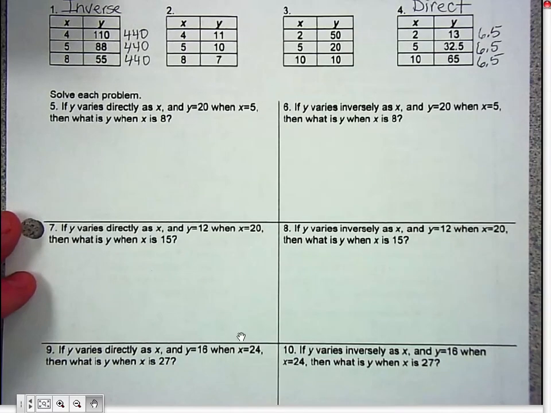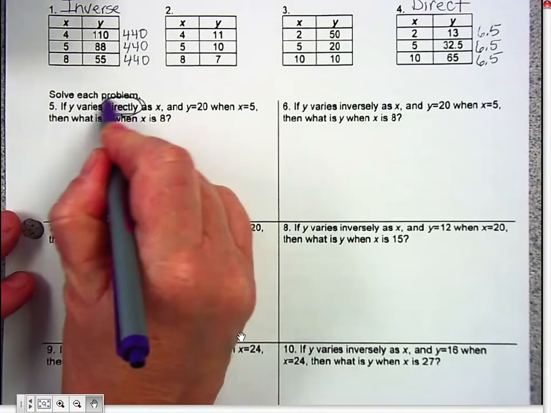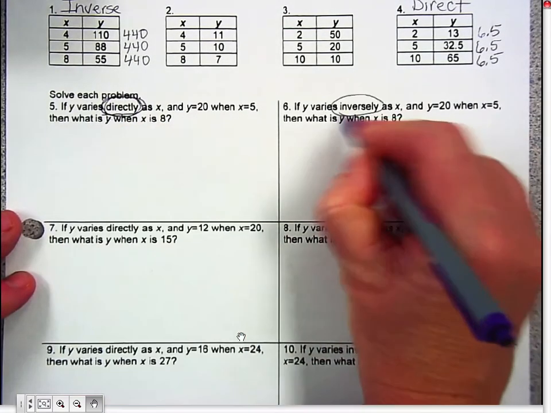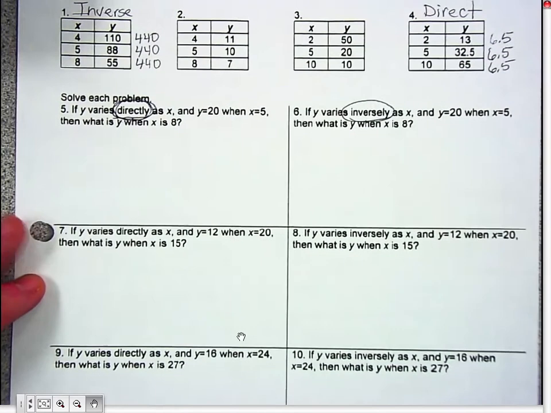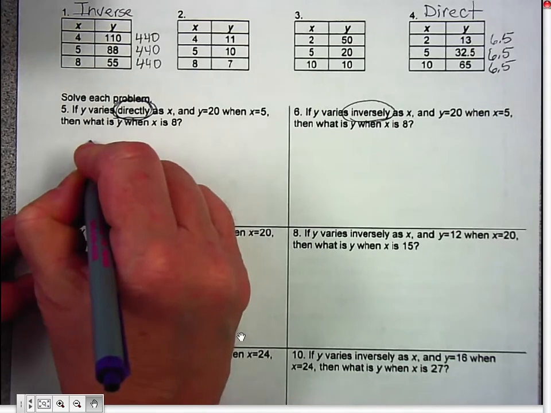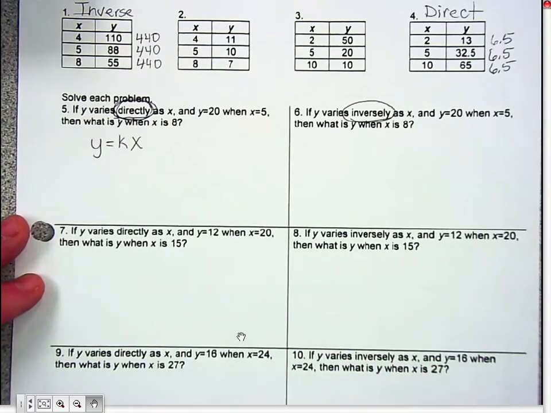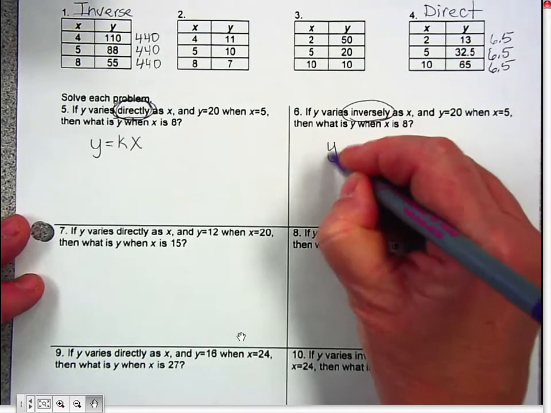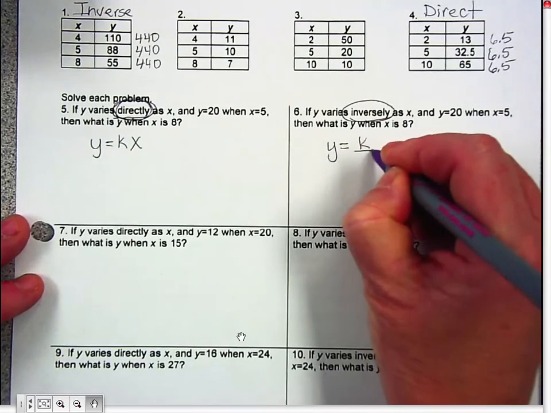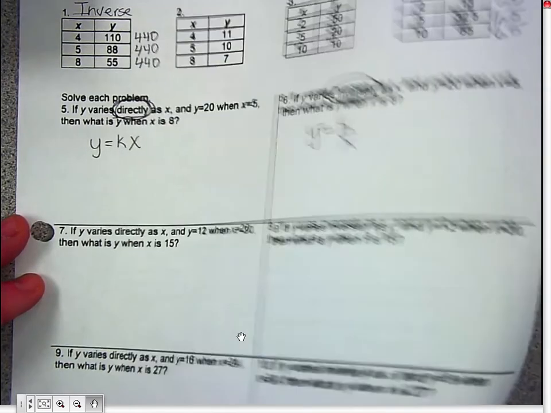On number 5 where it says varies directly, you may want to circle which ones they ask you there. What equation will you use for varies directly? Y equals kx. And for the inverse one, you're going to use y equals k over x.